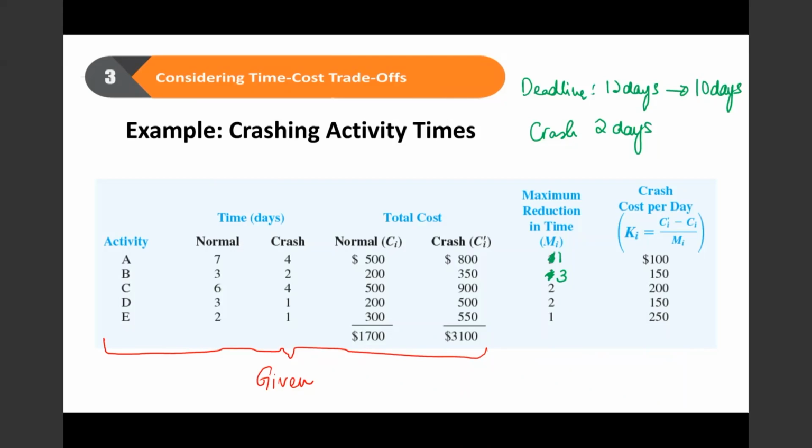Okay, we have here, let's see, 1A, 1B, B, 3 days just cost $150. No, this is cost per day. Crash cost per day, my dear.